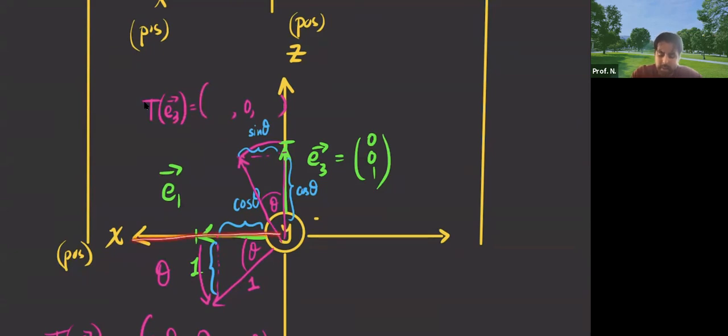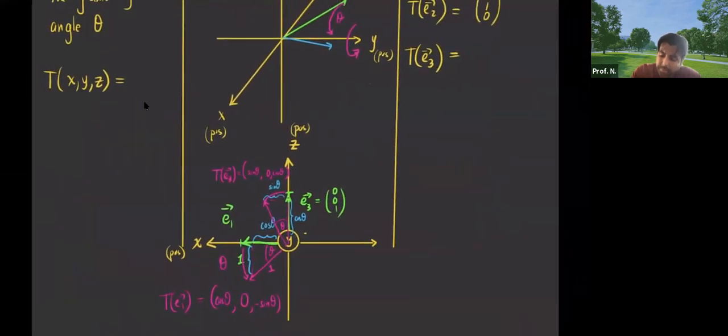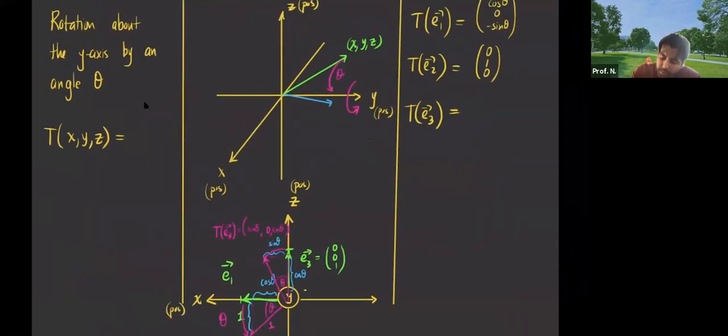This is positive x, so this would be positive sine. And the z coordinate would be positive cosine. So the result is sine theta, 0, cosine theta.